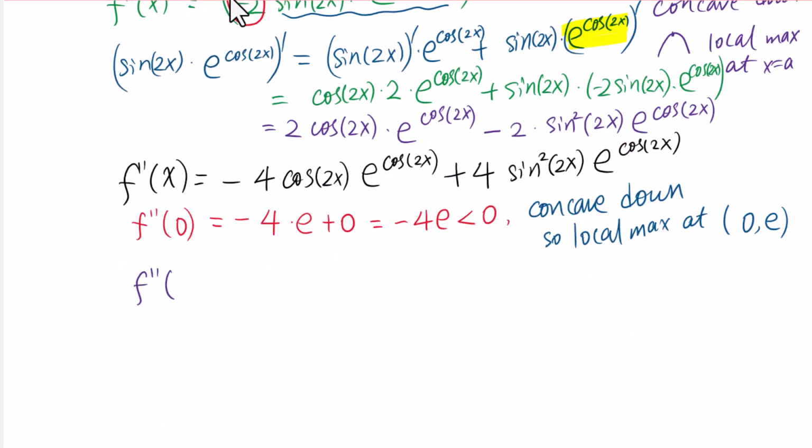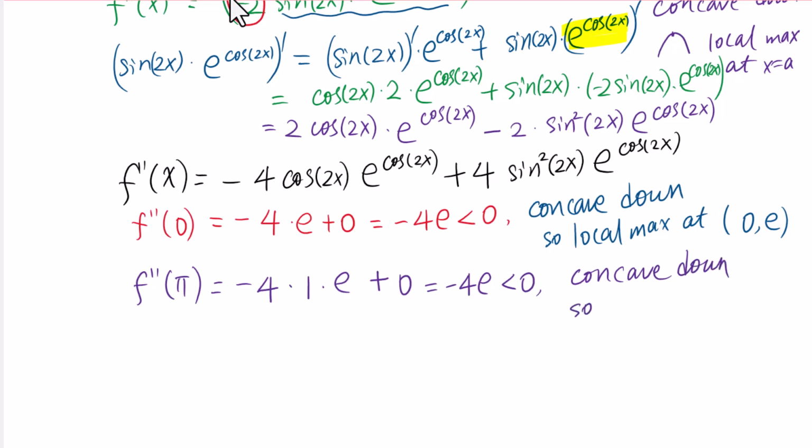F double prime of pi equals -4 times 1 times e plus sine squared 2 pi, which will be 0. Equals -4e less than 0. Concave down. So local maximum at the point pi, e.